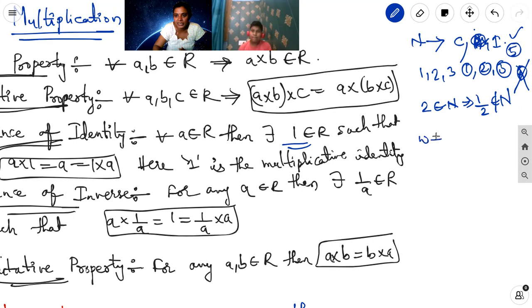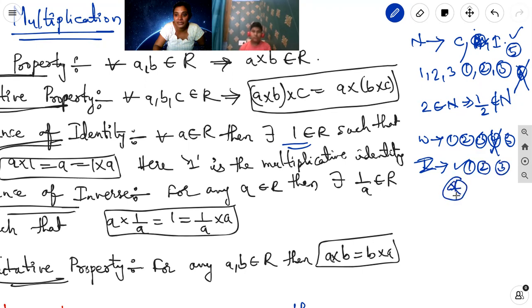Next, the whole number set also satisfies all properties except existence of inverse. Why? Because the same 1 by 2 element does not belong to the whole number set. The integer set satisfies the closure property, associative property, identity property and commutative property, but inverse is not satisfied.